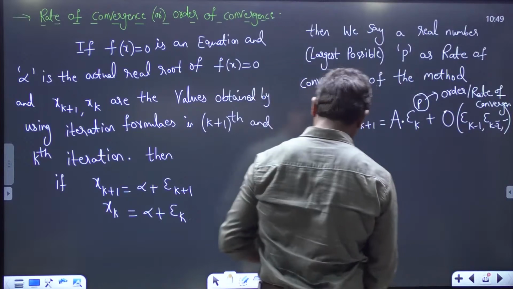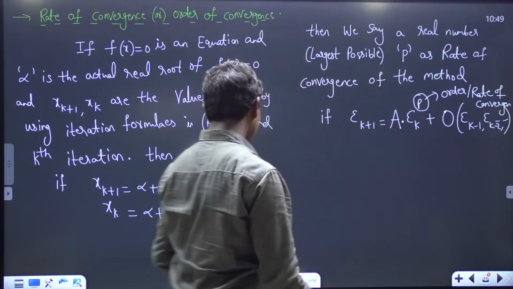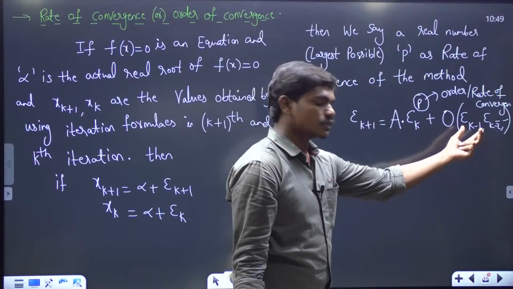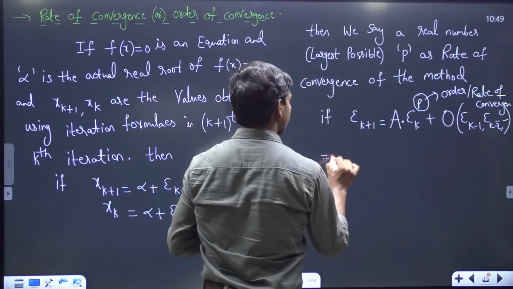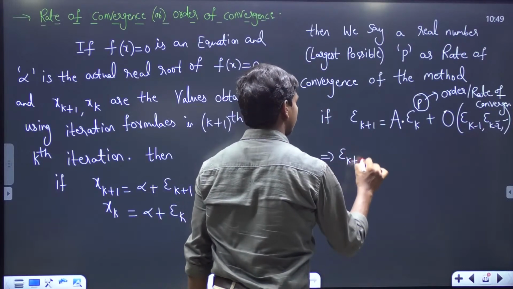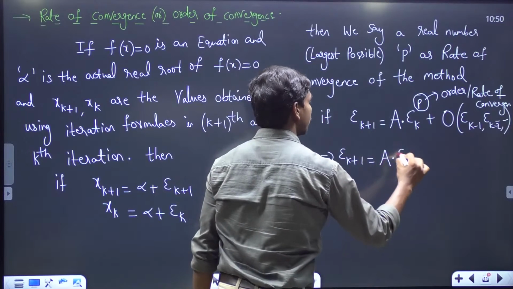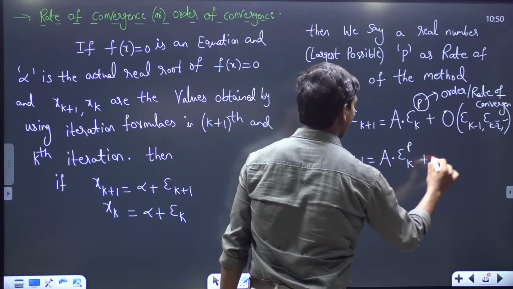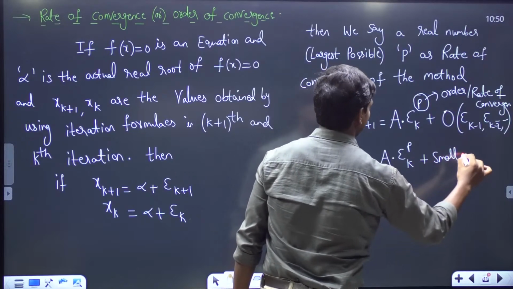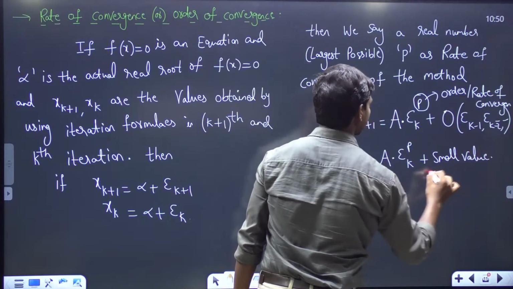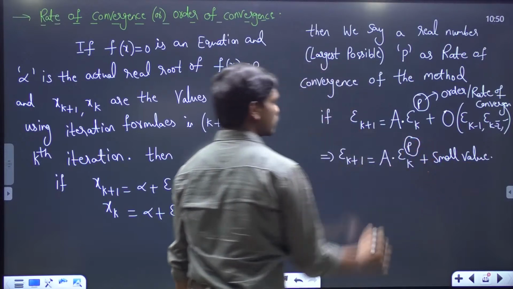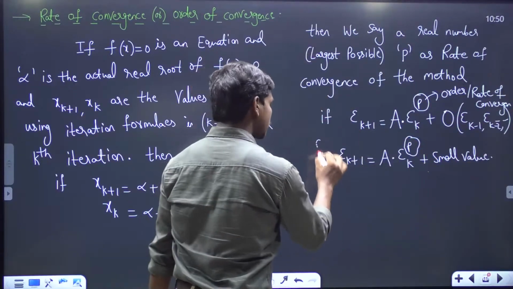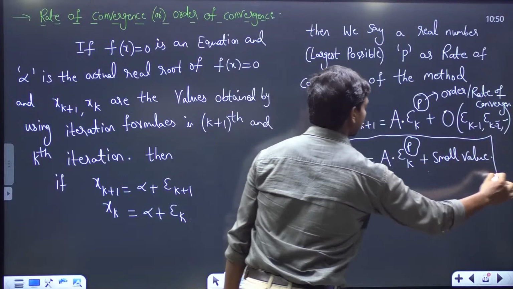Rate of convergence. One thing I want to tell you now: if we neglect these small terms, which means e_{k+1} can be written as a times e_k to the power p plus some small value, then we call this p the rate of convergence. Now, what's the physical meaning of this rate of convergence?